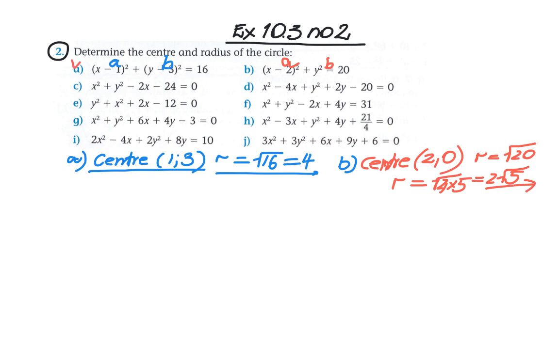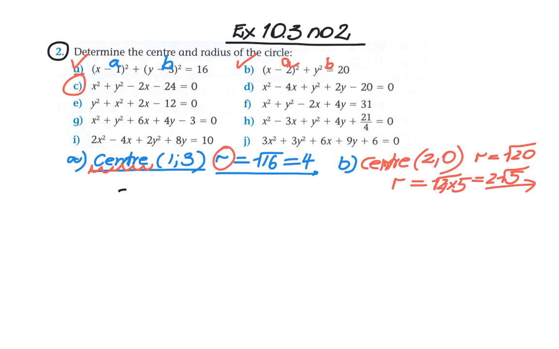So question A, I hope that you agree, and question B were very simple to determine the radius of a circle and to state the coordinates of a center. What about number C? What's the problem with C? Okay, the problem with C is that our equation is not in a standard form.